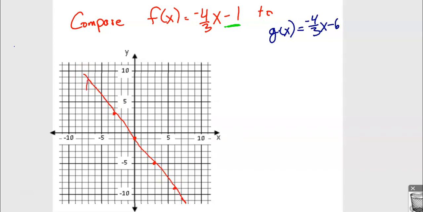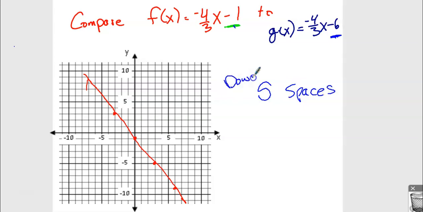And notice the difference between the red and the blue. Notice this one, from -1, it's changing to -6. So notice it's going down 5 spaces. From -1 to -6, it's going down 5 spaces.